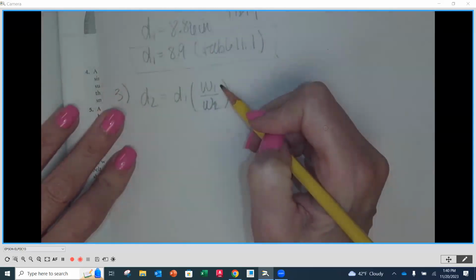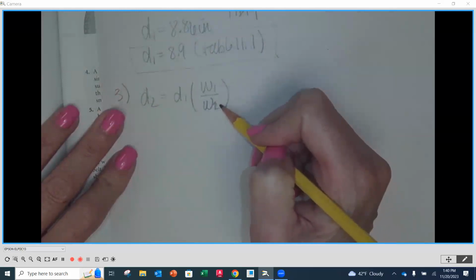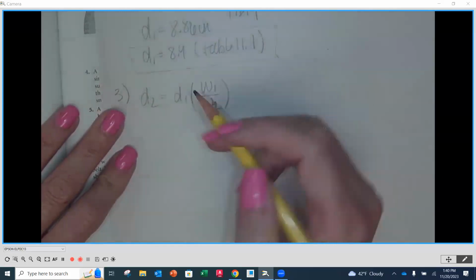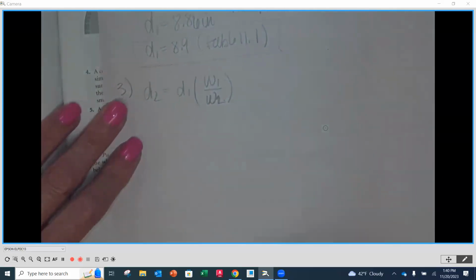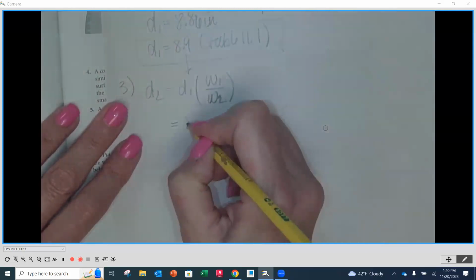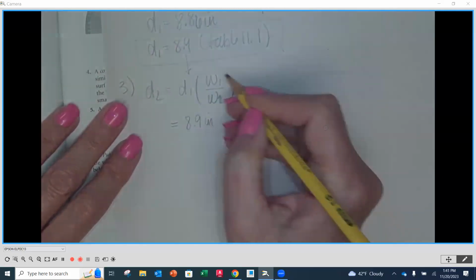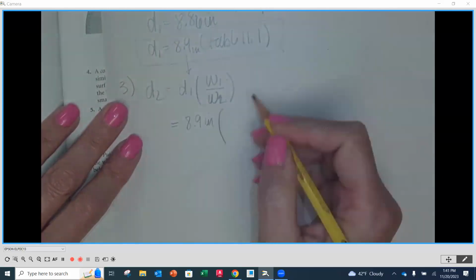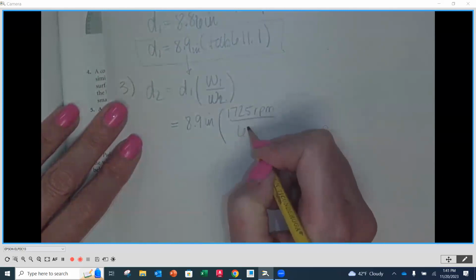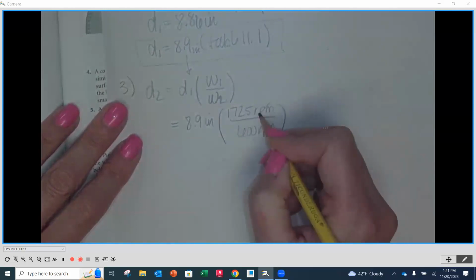W1 we knew to be 1725. And this is where we're estimating: we're going to use that 600 and see what D2 is going to be equal to now, and try to find something on the chart close to that. So we now know that our D1 is 8.9 inches. We multiply that by 1725 RPMs divided by 600 RPMs, because we're targeting that.